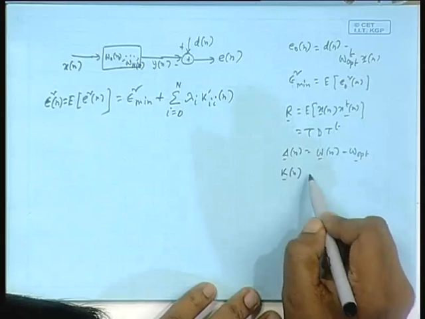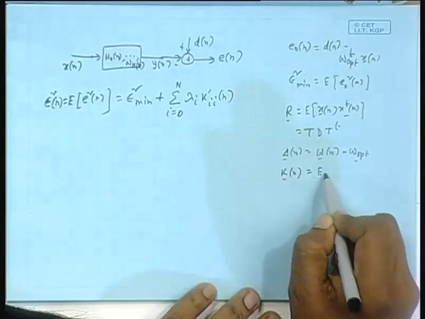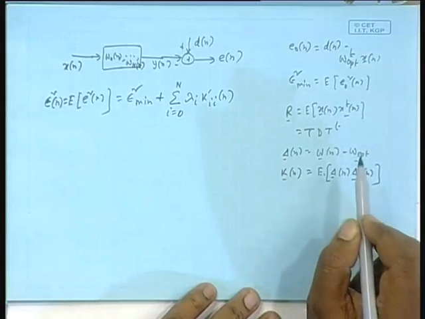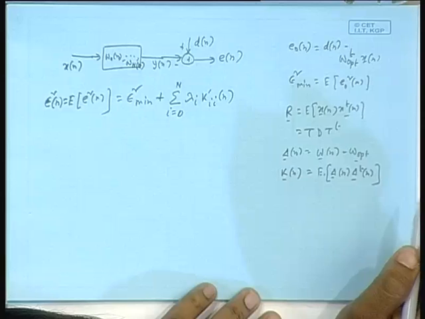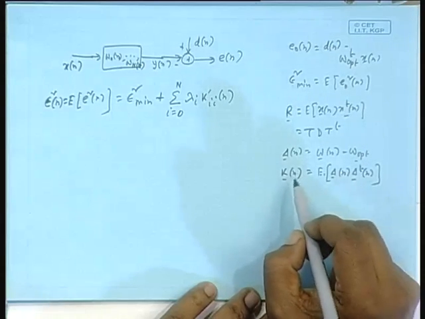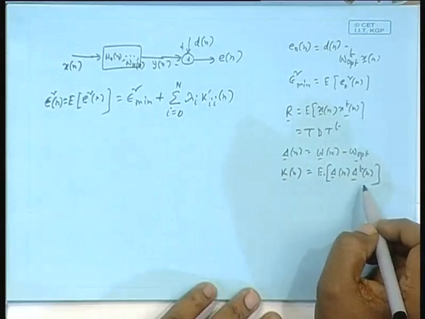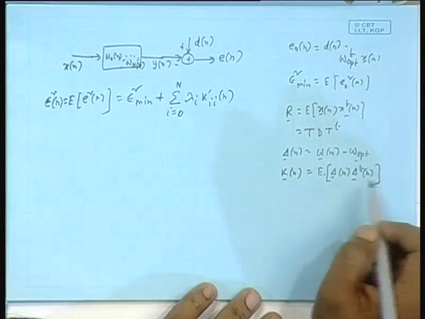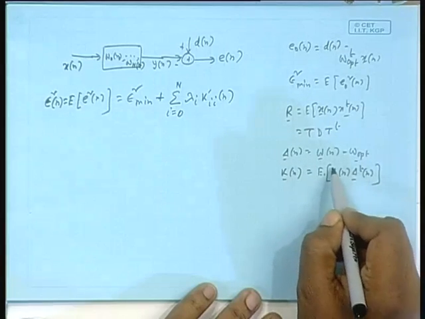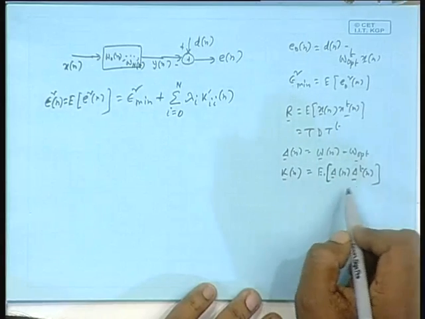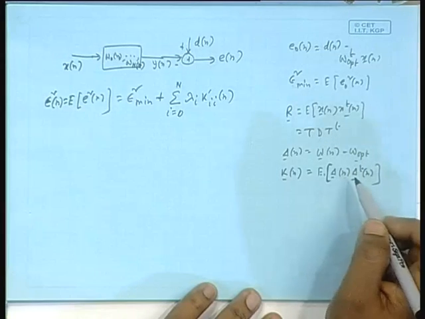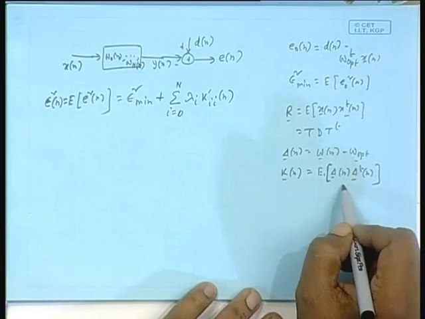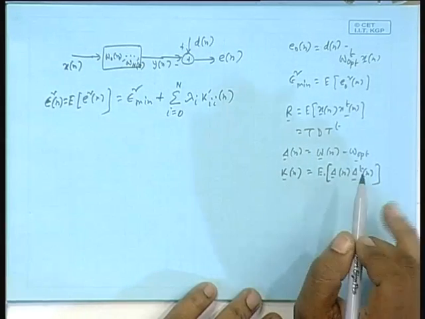K n is, we can say, the covariance matrix of the tap weight error, or weight error covariance matrix, or correlation matrix. In the steady state delta n has zero mean, as you have seen, so correlation and covariance would mean the same. Nevertheless, delta n is the weight error, and it is called the weight error covariance matrix.